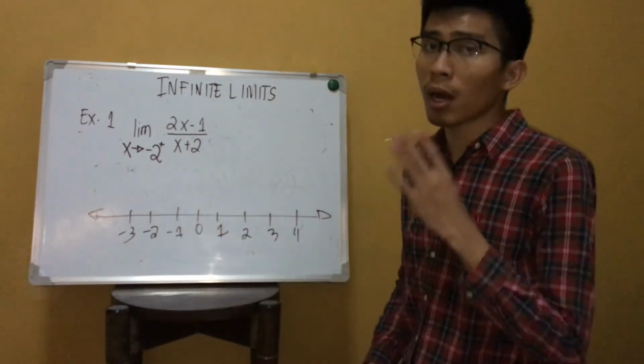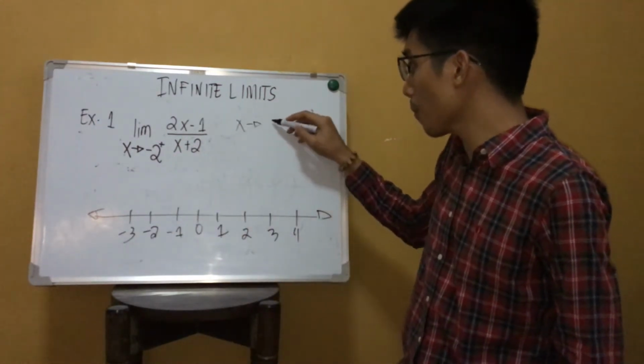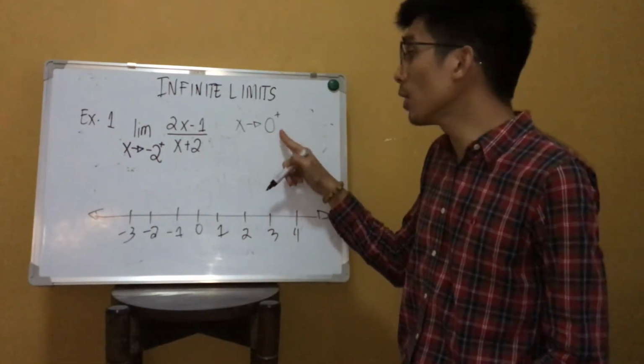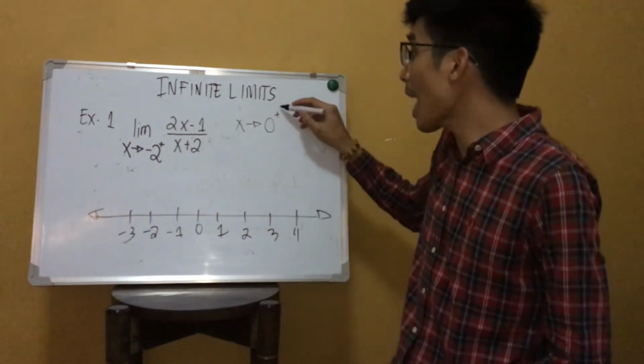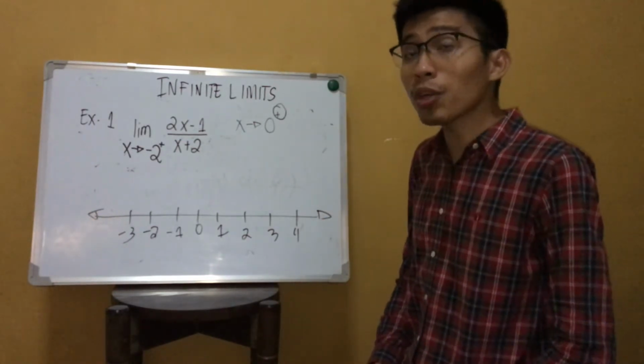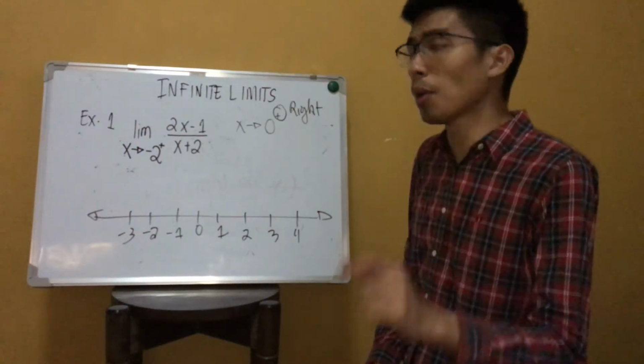Every time we encounter problems like this, for example, x approaches 0 positive, it means that I am dealing with numbers at the right. Again, a positive sign at the top of your number means at the right of your number.